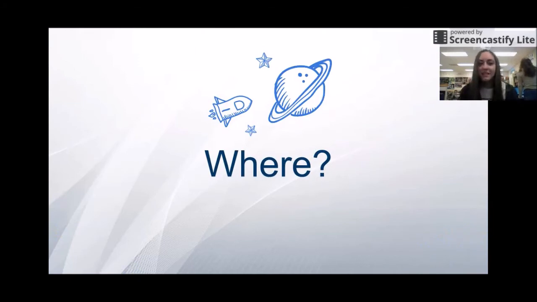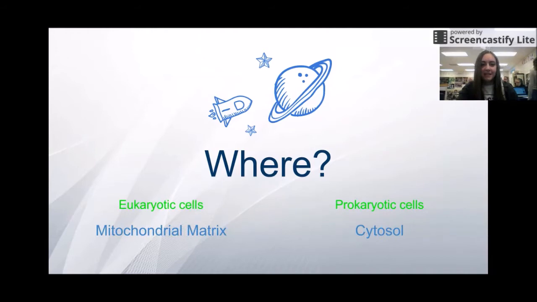The cells that have the Krebs cycle or cellular respiration are aerobic bacteria, free-living protozoa, most algae and fungi, and most importantly, animal cells. That's the one we're most familiar with. More specifically, in eukaryotic cells, it's happening in the mitochondrial matrix, which is basically the cytoplasm of the mitochondria.